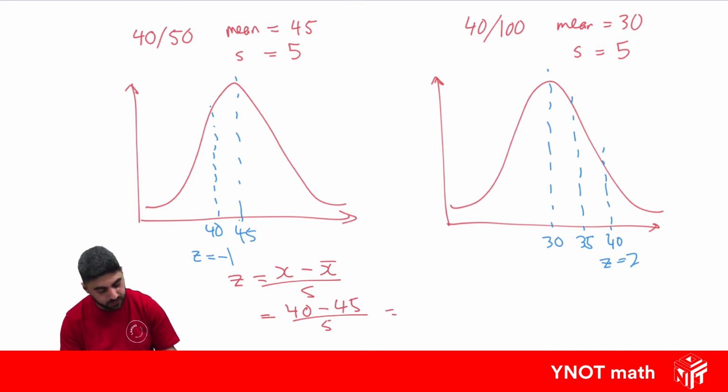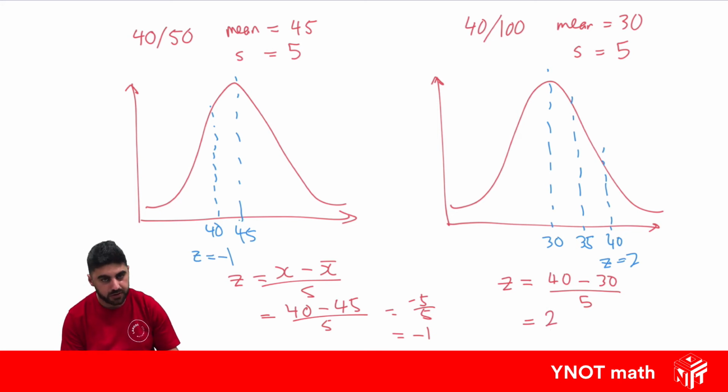And that gives us 40 minus 45 is -5 over 5, and that's -1, which is the z-score that we got by drawing the diagram. You can do the same thing for the other one, where the z-score is going to be the score we got, which is 40, minus the mean, which is 30, divided by the standard deviation, which is 5. 40 minus 30 is 10, 10 divided by 5 is 2, and we get the same z-score that we got with the diagram.